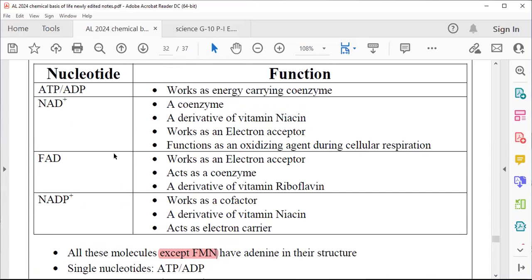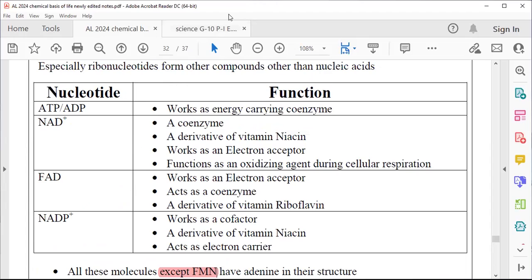Yes, sir. Right. So what is the function of ATP? What is the function given? Works as an energy carrier. Cut this one and say carrier. Take your Tipex.